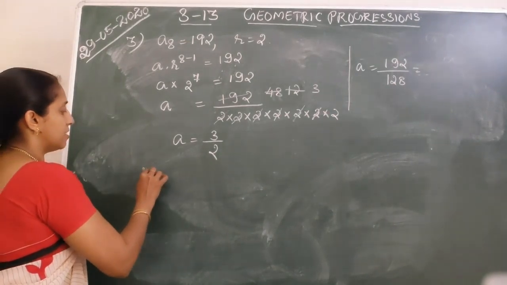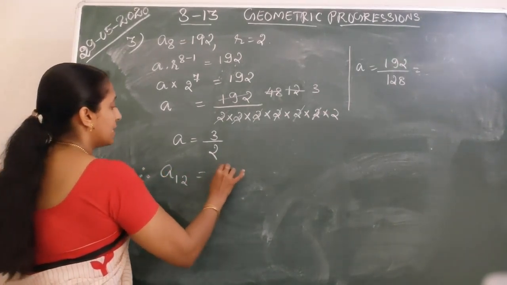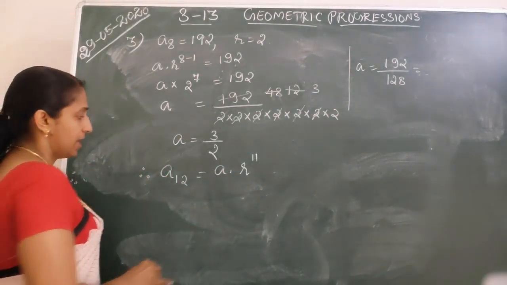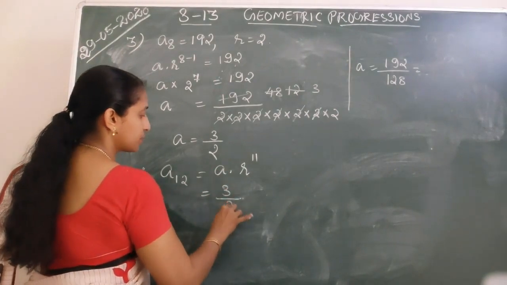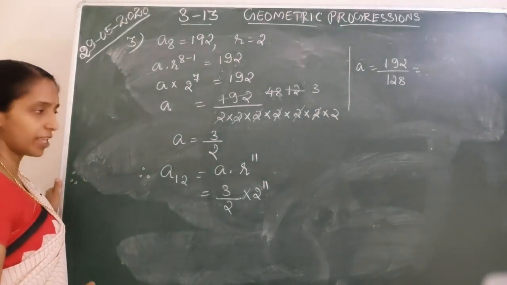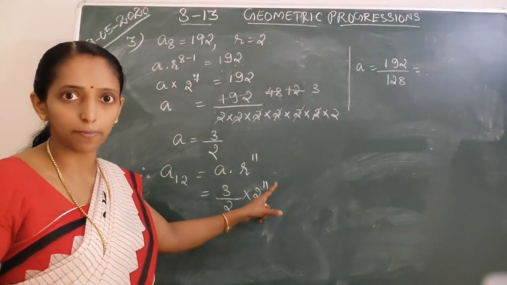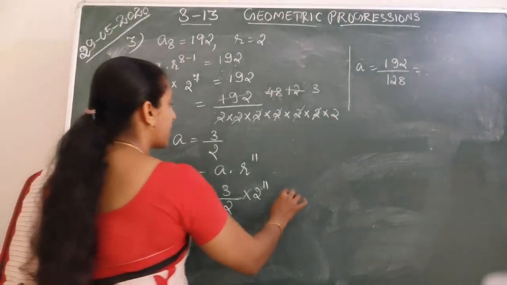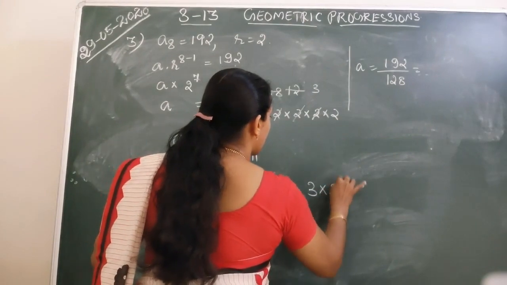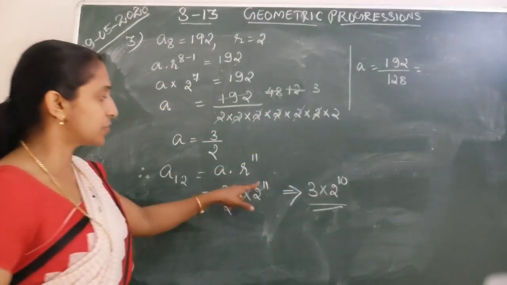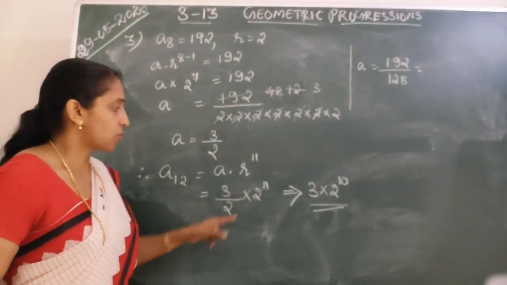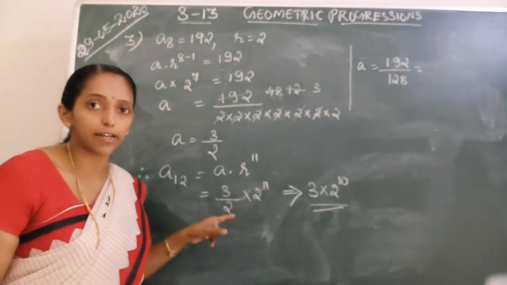Therefore the 12th term, A12, will be A into R to the power 12 minus 1, that is R to the power 11. And A is 3 by 2, so 3 by 2 into 2 to the power 11. You can cancel one power of 2 from both numerator and denominator.